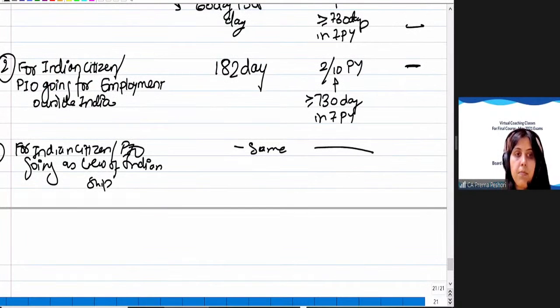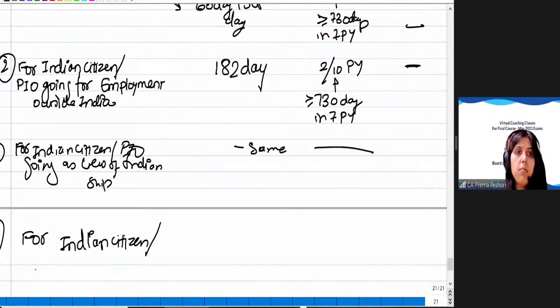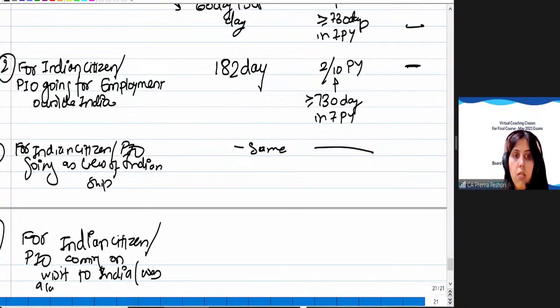Fourth, for an Indian citizen or person of Indian origin coming on a visit to India, who was always outside India for a long time.